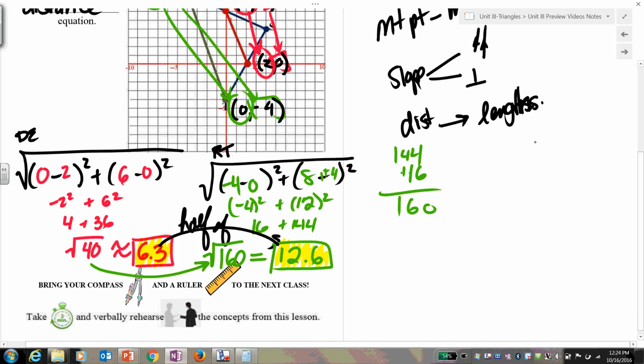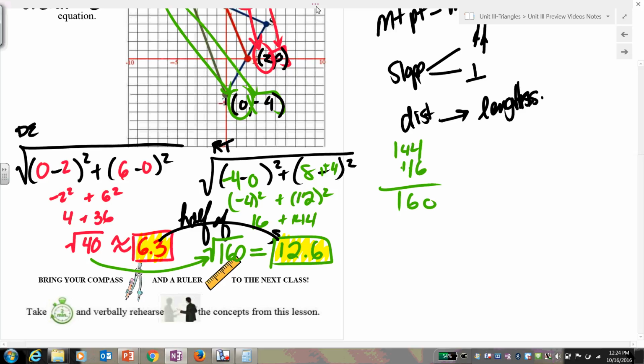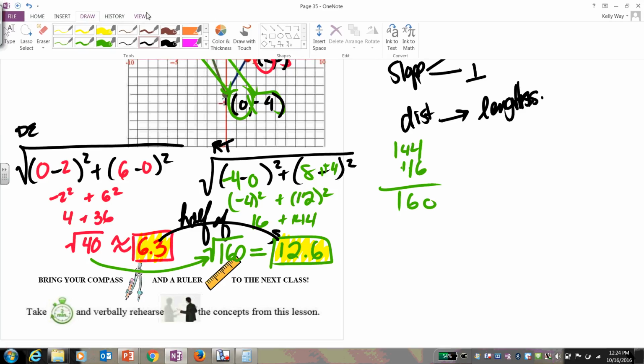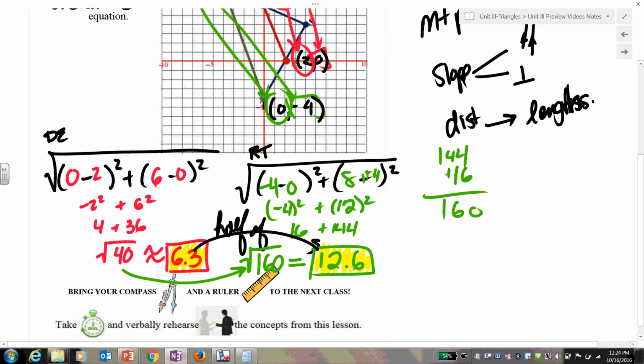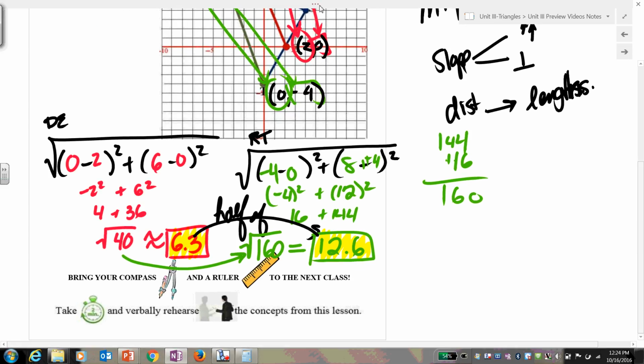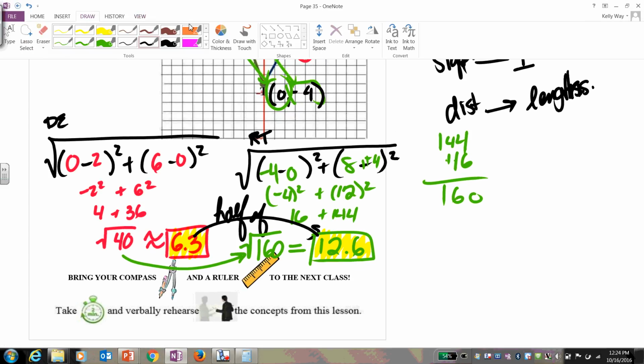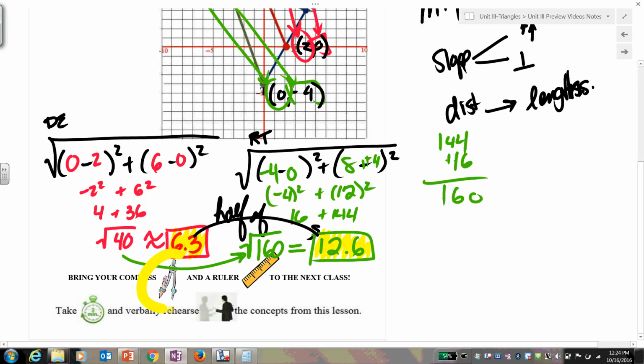For the next class, very important, you must bring a compass and a straight edge. To the next class, you must bring your own compass and your own straight edge.